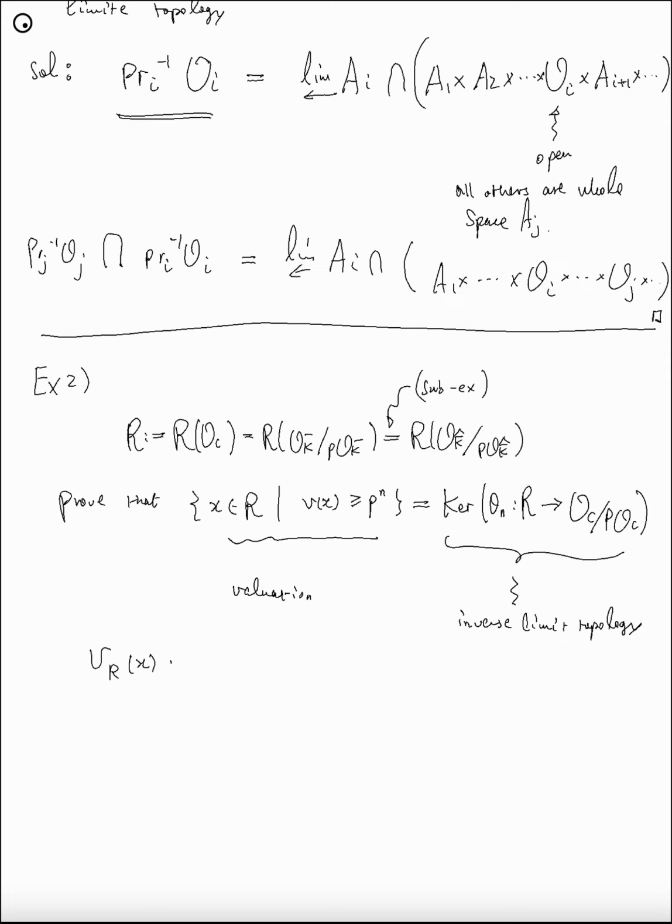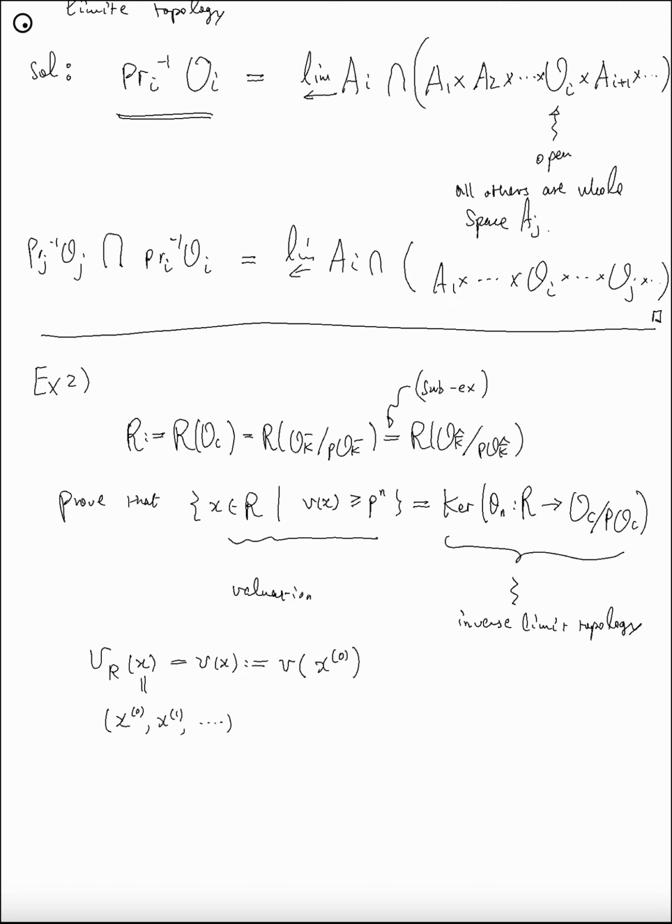On R, sorry. The valuation on R, which we also denote by just w of x if there is no confusion, is defined to be the valuation of x_0 in C. So x is an element of R in particular.